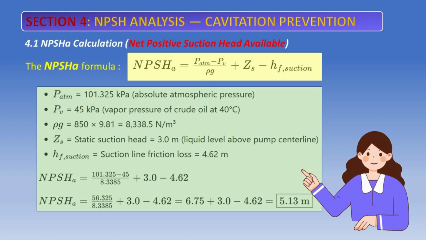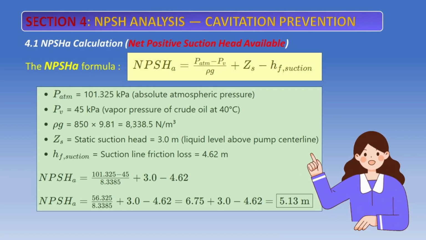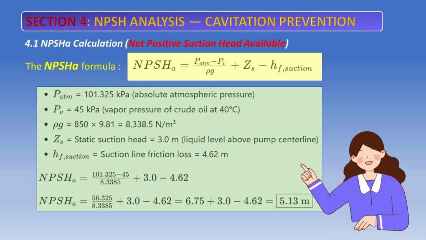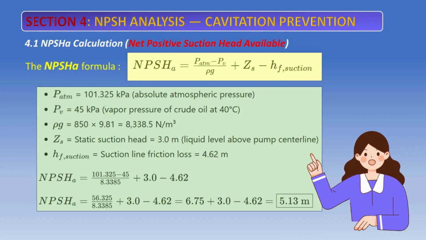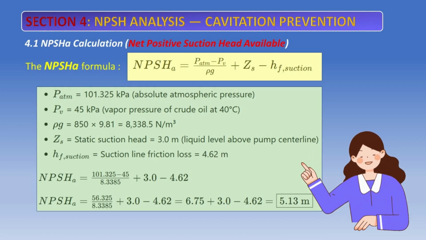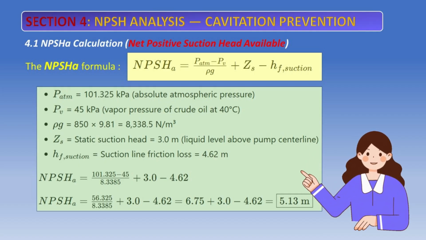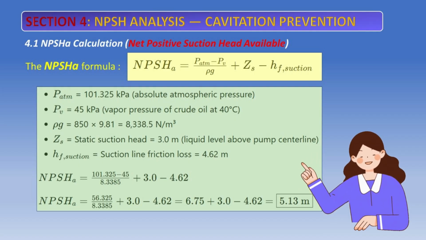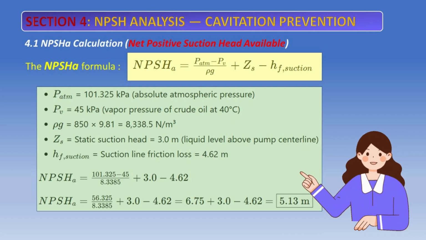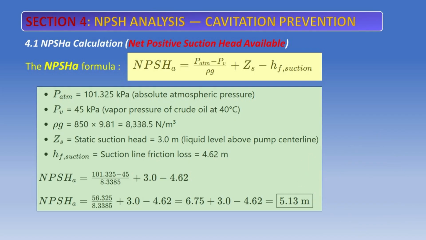Then we add the static head, 3 meters. Finally, we subtract the suction friction loss, 4.62 meters. The calculation yields an NPSHA of just 5.13 meters. This is a critical result that we must now check against the pump's requirement.